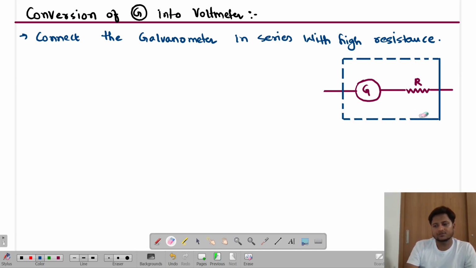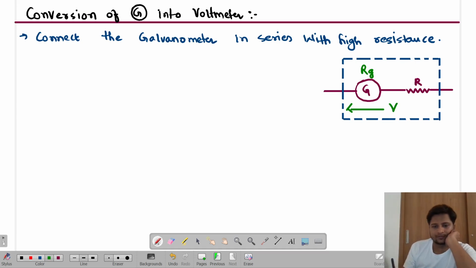Right? So look over here. Let's suppose the resistance of galvanometer is Rg, then the voltage drop over here is the voltage drop by the voltmeter.